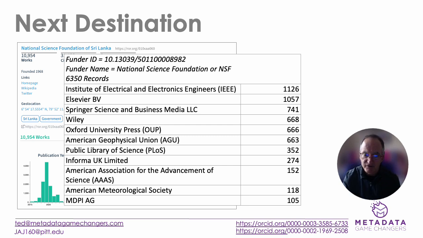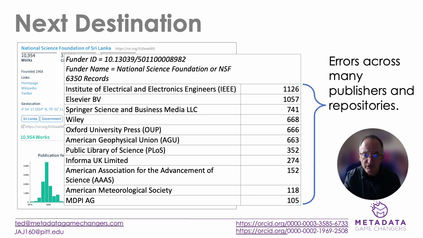Unfortunately, National Science Foundation, the name that we use for that, is ambiguous, not quite as bad as the acronym. But the important thing here is that this is an error across many publishers and also data site repositories. So it exists in journal articles. It also exists in data sets.